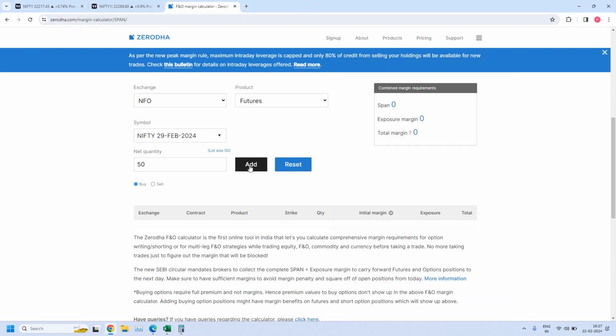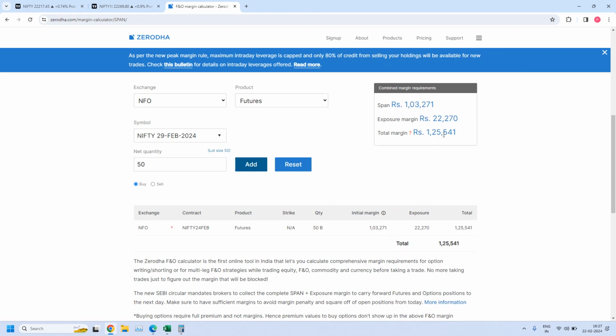But what is the margin cost? 1,25,000, but it will change slightly, because at that time the price may have been slightly below this. But we are calculating rough values. Maybe the margin was 500 rupees higher because prices moved up drastically. At the time when you wanted to buy, the margin cost would have been a little lesser, but somewhere around this. For our calculations, taking this value doesn't make much difference.